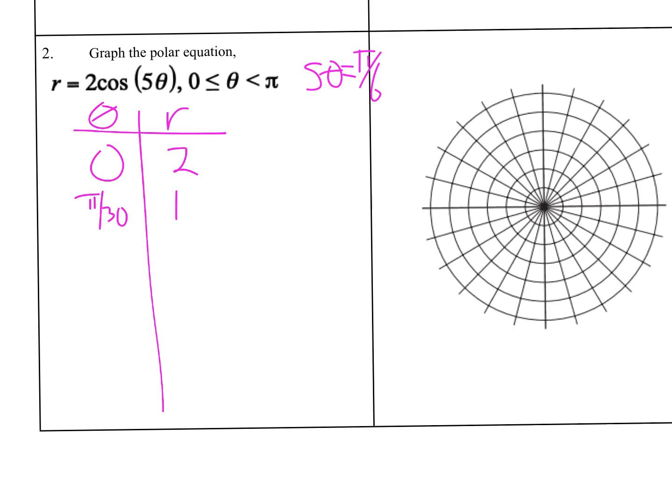And then I would like to have pi over 2. That's pi over 10, and cosine of pi over 2 is 0. And then I would like to have 5 pi over 6. So that's just pi over 6, and cosine of pi over 6 is a half.